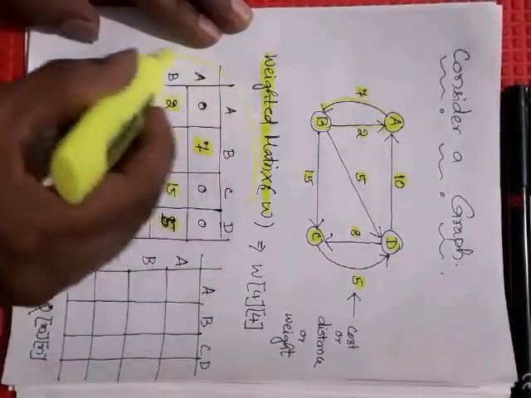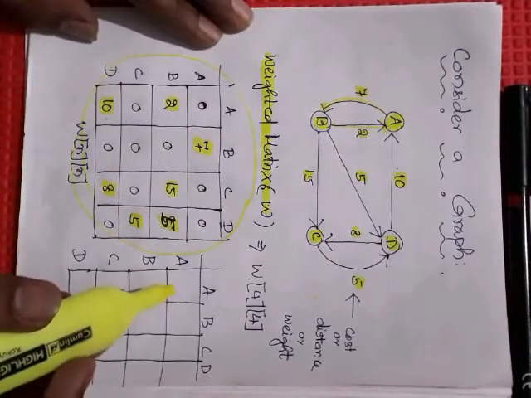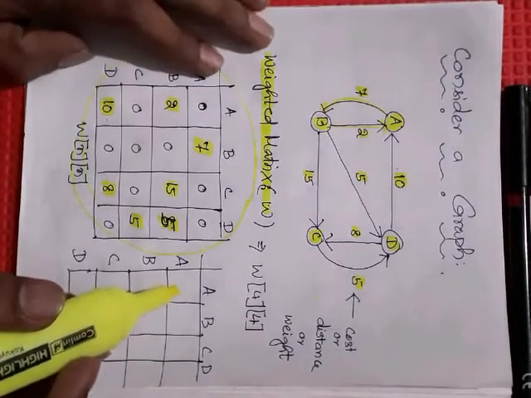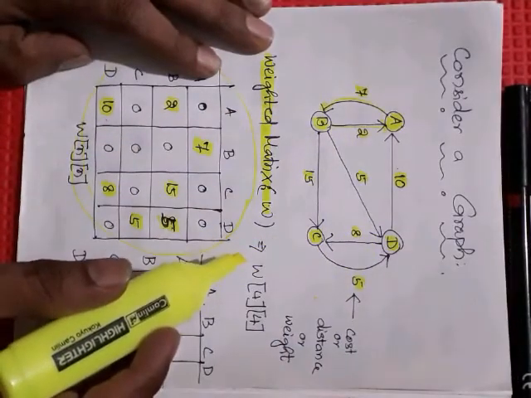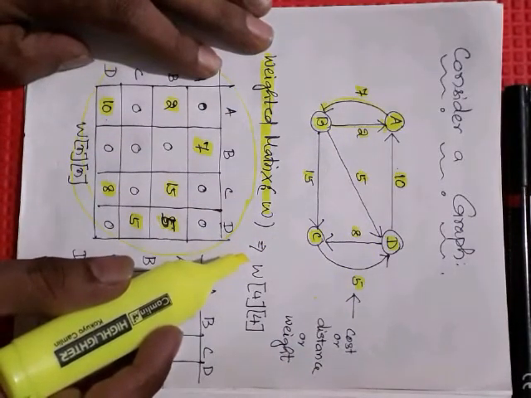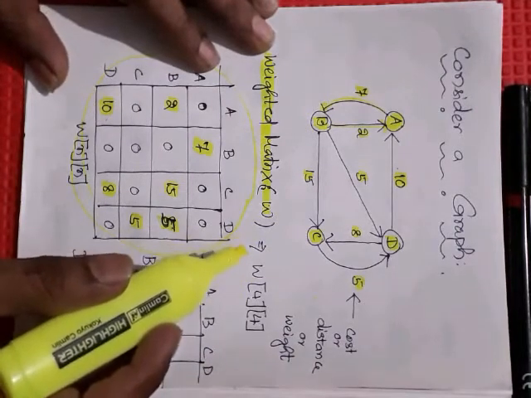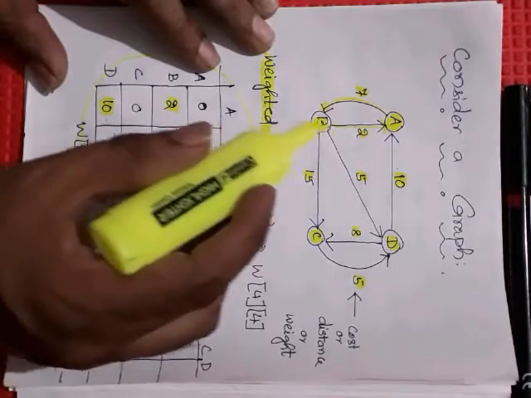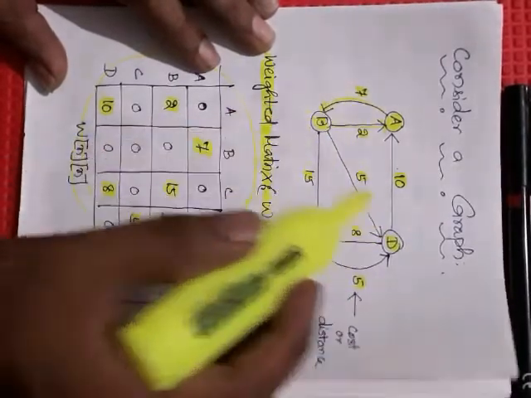In this weighted matrix, it is similar to our adjacency matrix. In the adjacency matrix we know that when the total number of nodes is 4, we need a matrix of size 4 cross 4. Similarly, in a weighted matrix, we need the size 4 cross 4 when the total number of nodes is 4. Here A, B, C, D, 4 nodes are there.